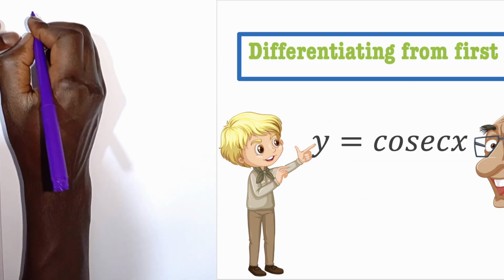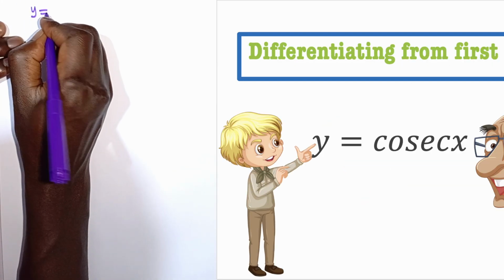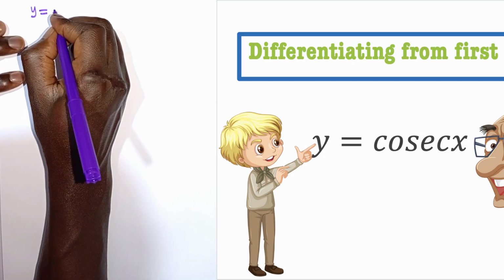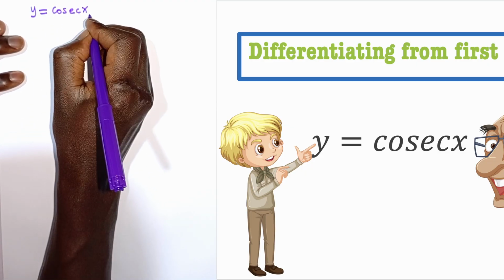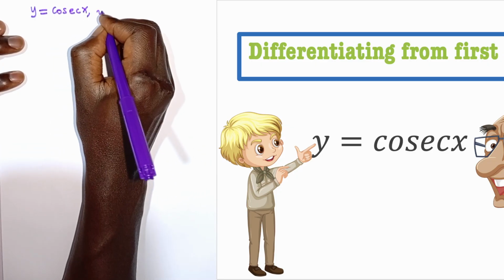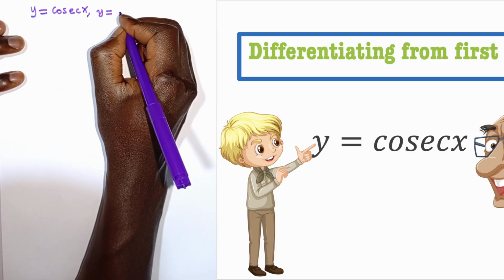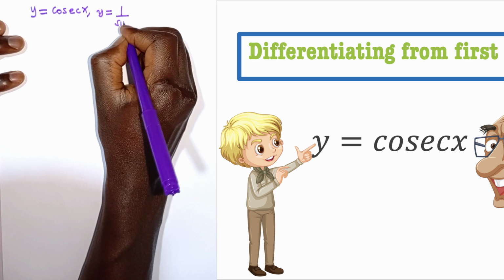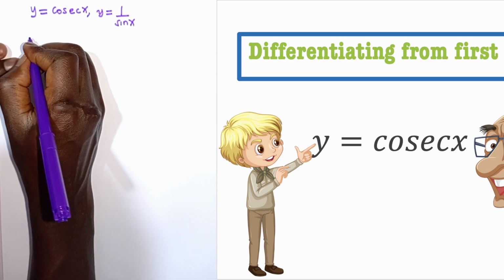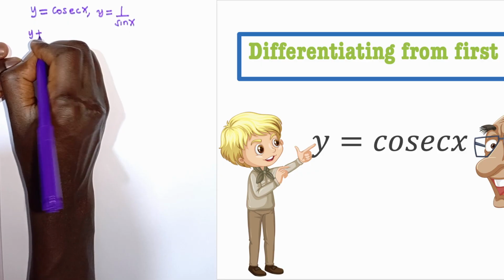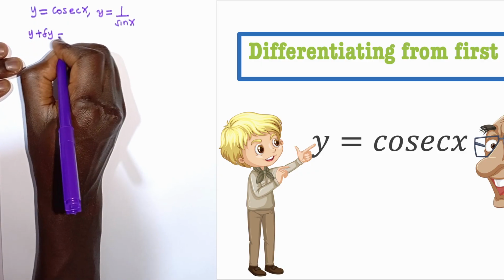So from our y is equal to cosec x, y can also be written as 1 out of sine x. So you apply the changes.